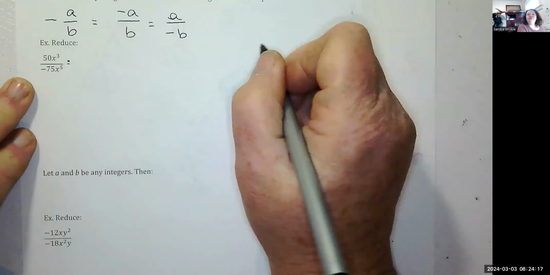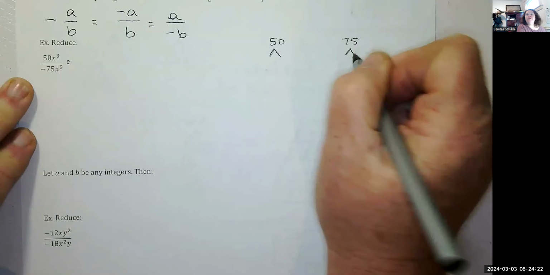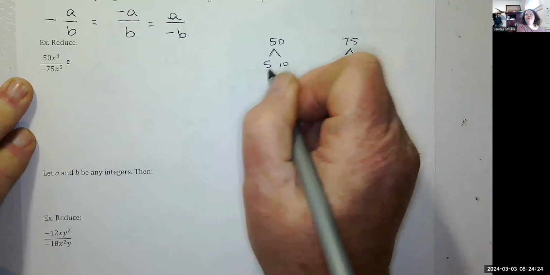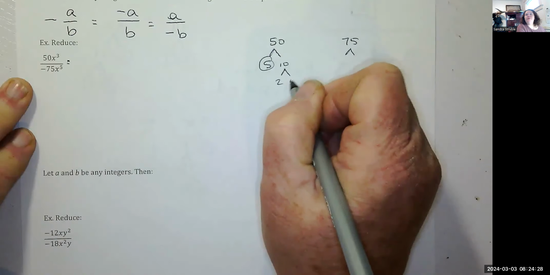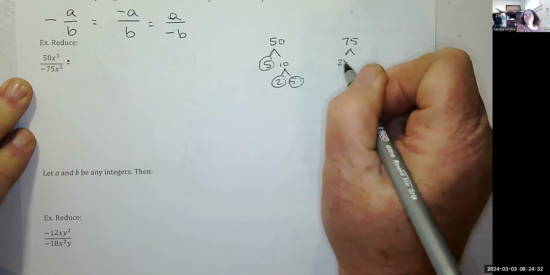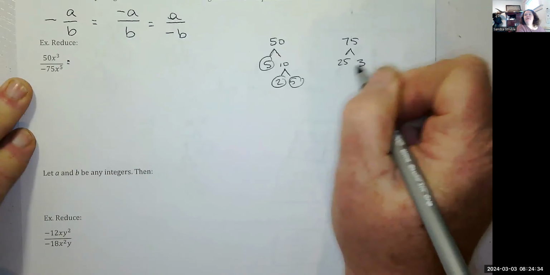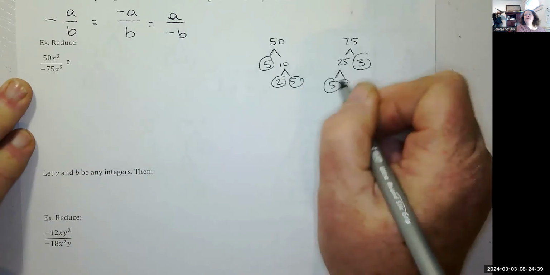Let's find out what the factors of 50 are and 75. 5 and 10 for 50. 5's prime. 10 is made up of 2 and 5. Those are prime. 75, I'm thinking 25 and 3. 3's prime. 25 is 5 and 5.